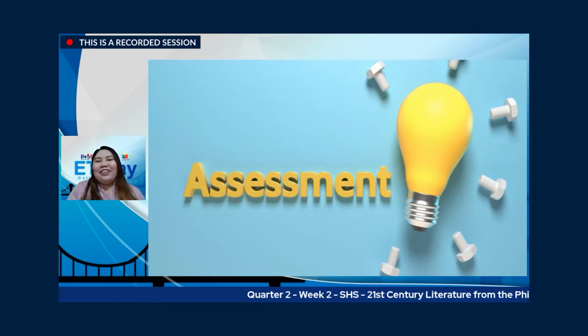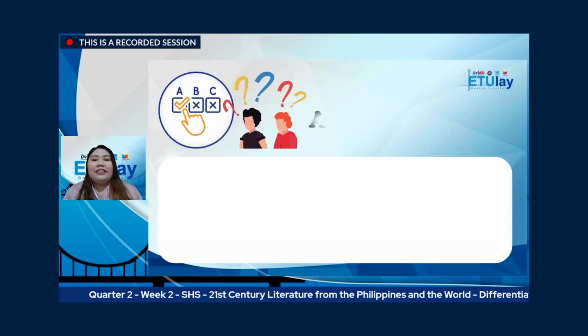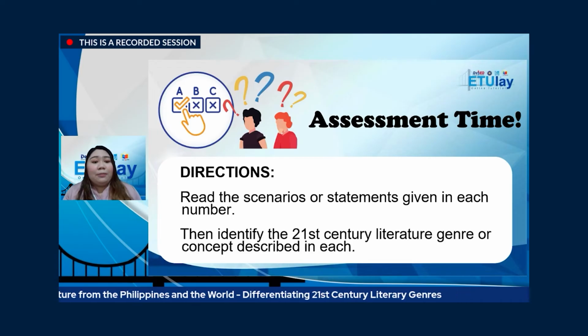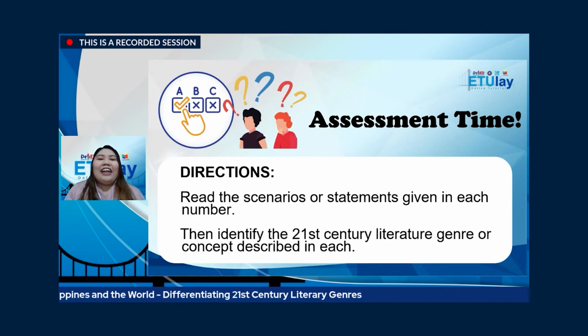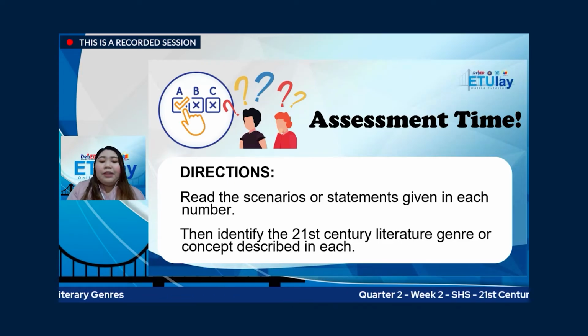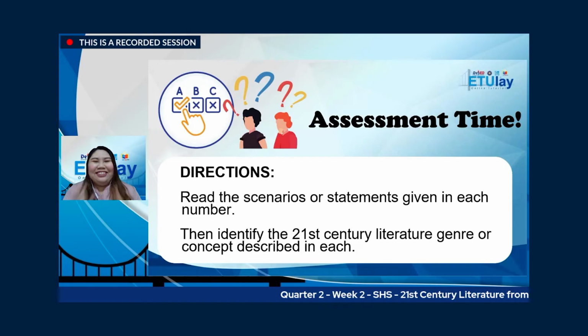All right, so let's try to read the instruction for today's assessment. Read the scenarios or statements given in each number. Then identify the 21st century literature genre or concept described in each. Oh, I hope you guys are excited.